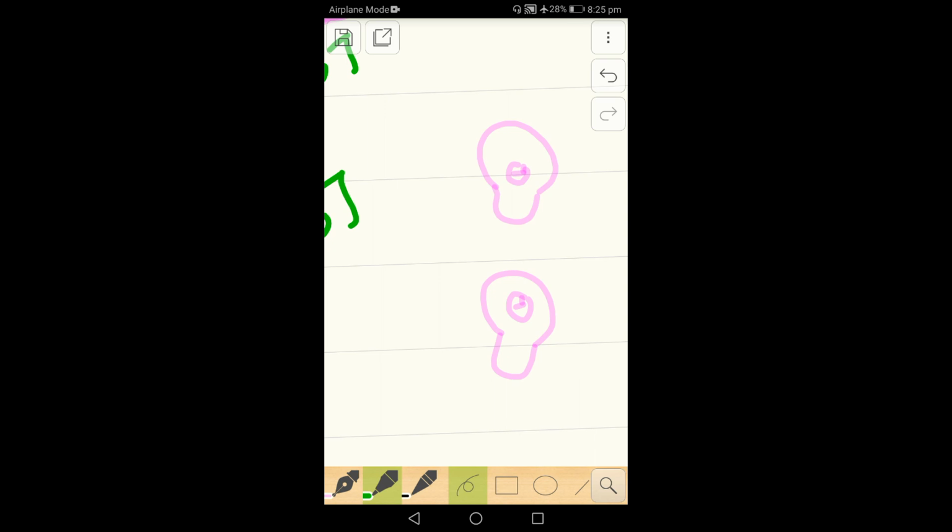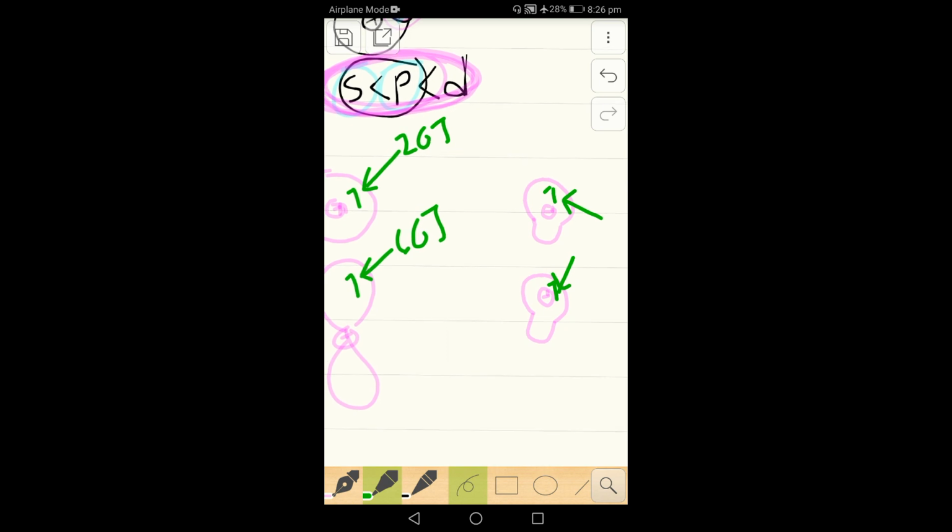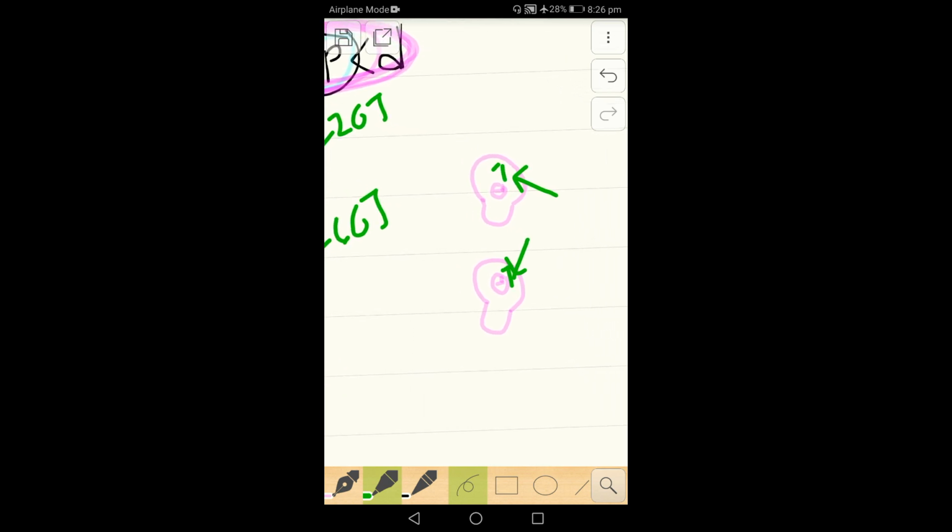So there is an electron inside. These two electrons now will have the average kinetic energy of 60 and 20, that means 40. That means both the electrons now have the same energy of 40 joule.